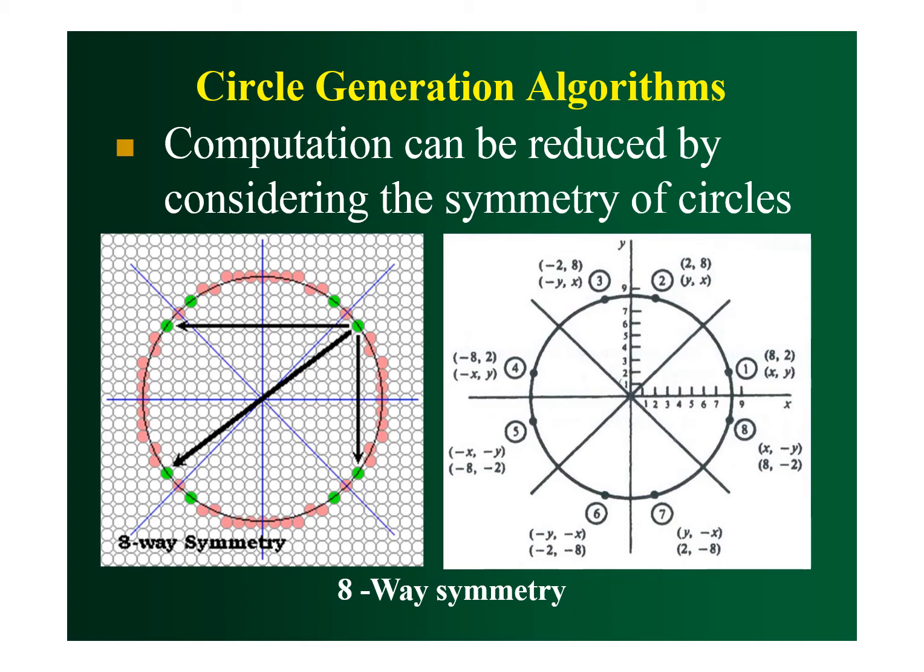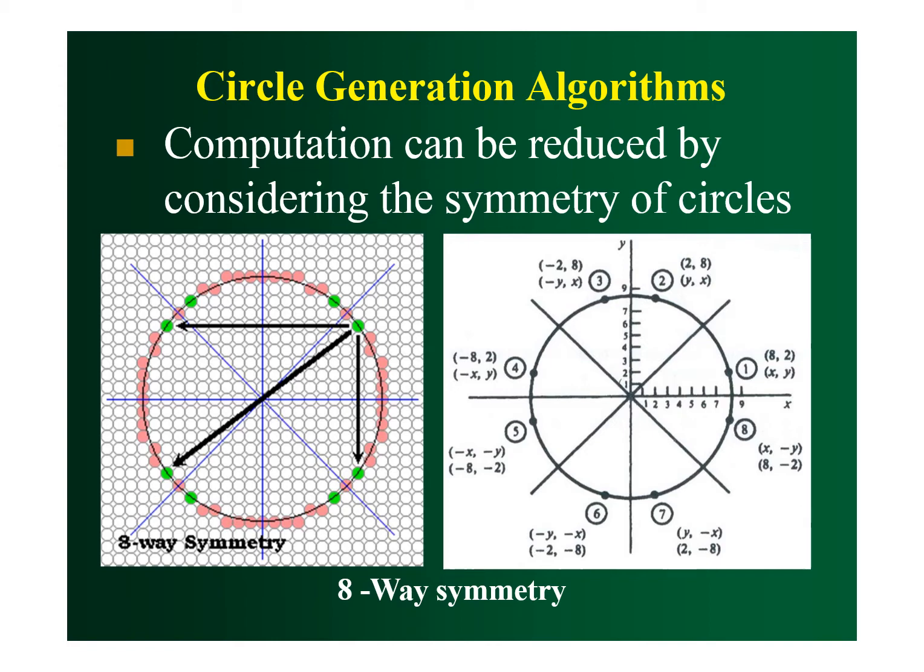It's an eight-way symmetry, so it plots one-eighth part of the circle from 90° to 45°, as shown in this figure. As the circle is drawn from 90° to 45°, x moves in the positive direction and y moves in the negative direction. To draw a one-eighth part of a circle, we take unit steps in the positive x direction and make use of a decision parameter to determine which of the two possible y positions is closer to the circle path at each step.